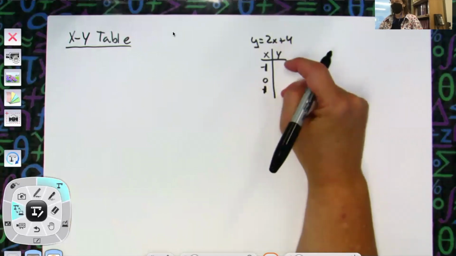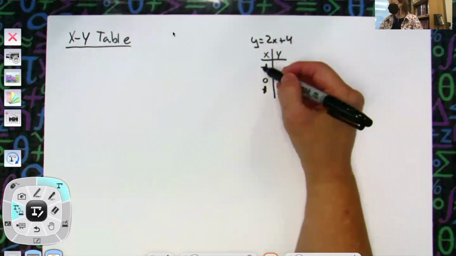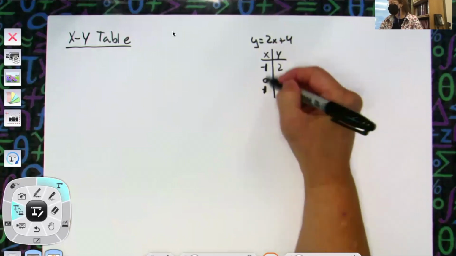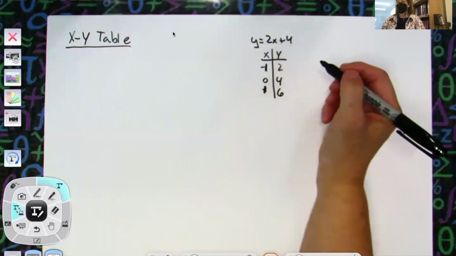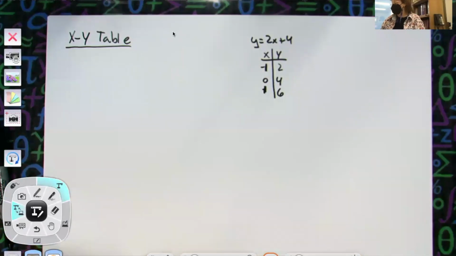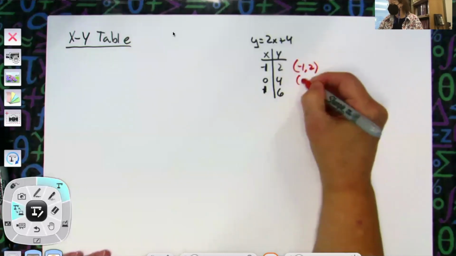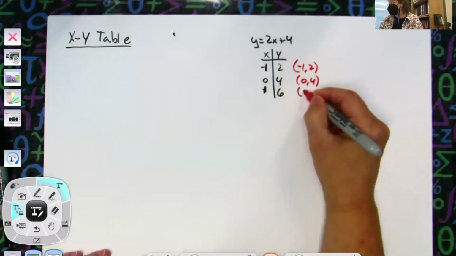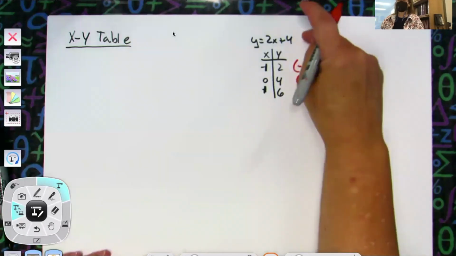Everybody remember doing this, right? Yeah, you did this last year. So that'd be -2. So that's 2. Don't let me make a mistake. Plug in 0. That's going to be 4. Plug in 1. Is that going to be 6? Did I do that right? Okay, so this creates the ordered pair -1, 2. It creates the ordered pair 0, 4. It creates the ordered pair 1, 6. And then you could plot those, and it should come up to be a straight line.